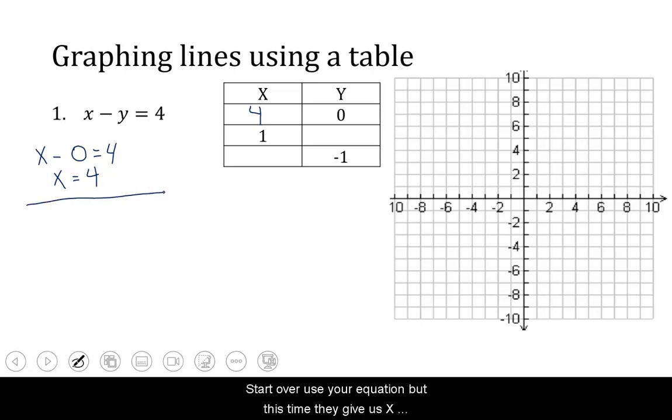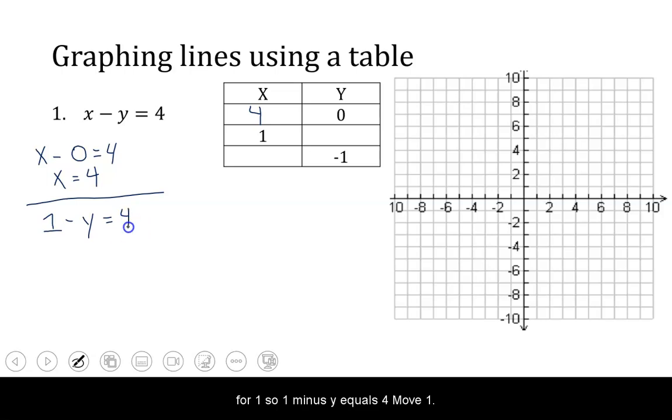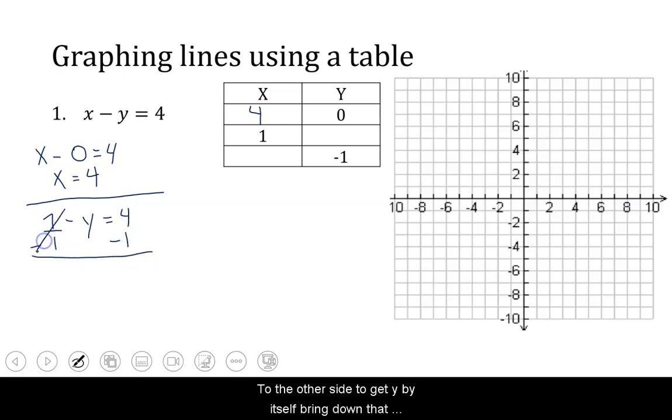Start over, use your equation, but this time they give us x for 1. So 1 minus y equals 4. Move 1 to the other side to get y by itself. Bring down that negative in front of y because the sign in front of the number variable goes with it.